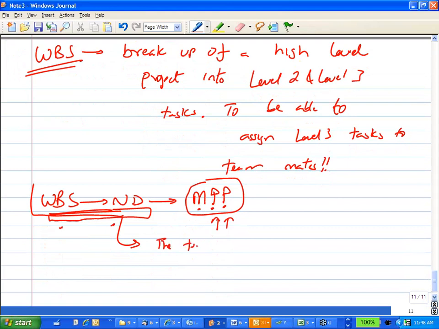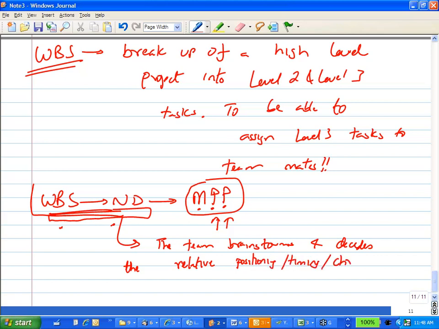The team brainstorms and decides the relative positioning, or relative timing, or relative chronology of the various tasks in the WBS. That's what a network diagram is.